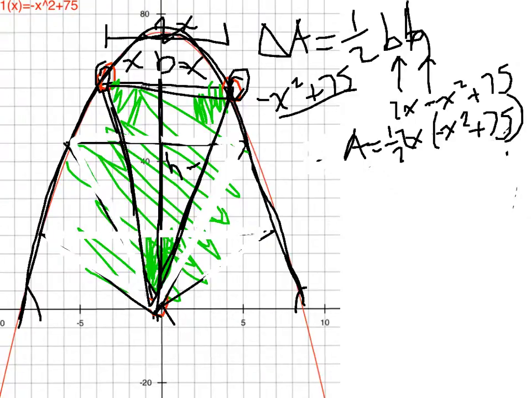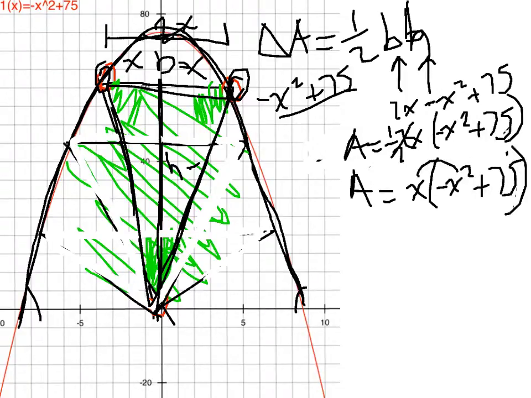Now we want to simplify this. As you might have noticed, 1/2 times 2 equals 1. So x times negative x squared plus 75. Alright, so now we're going to FOIL, simple algebra. A equals negative x cubed plus 75x.